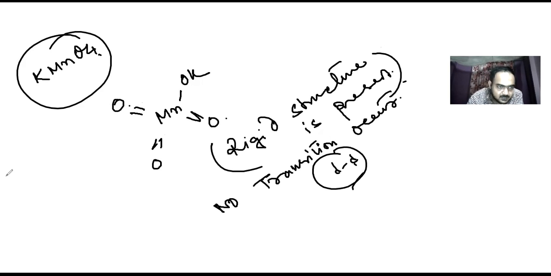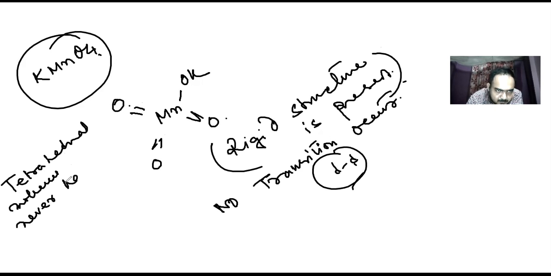You can see tetrahedral molecules never have a center of symmetry.